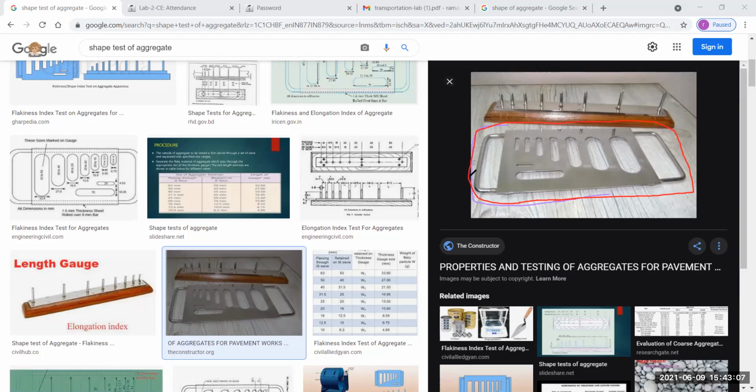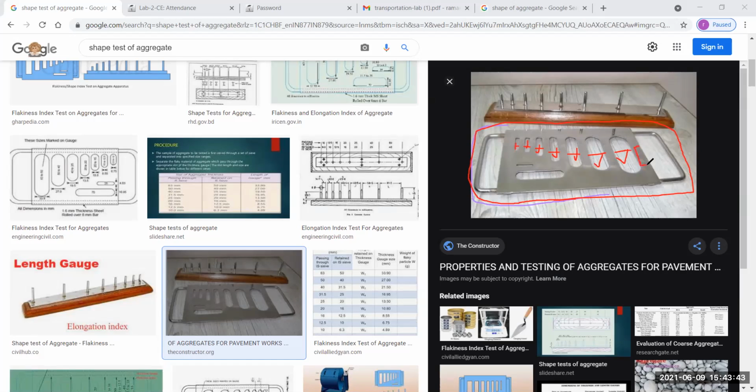So basically on the thickness gauge, many openings are present. Here you observe, here is one opening, here is one opening, and also here is another, and so on. These are known as slots. For every slot or opening, there is a number given above it.